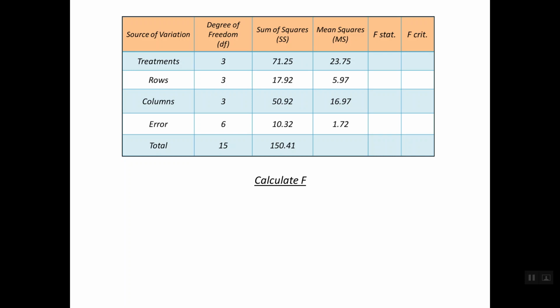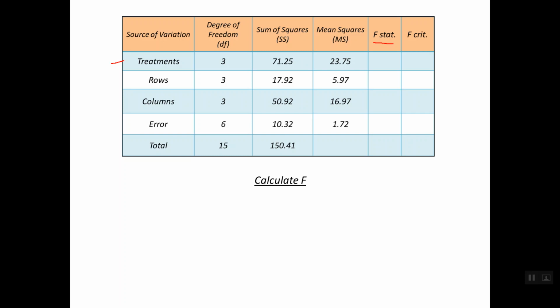Now we need to calculate the F statistic or the calculated F. We need only the F for the treatments, because the Latin square design already controls both the rows and the columns. And the Latin square design considers that there is no interaction between the treatments and the rows and the columns.